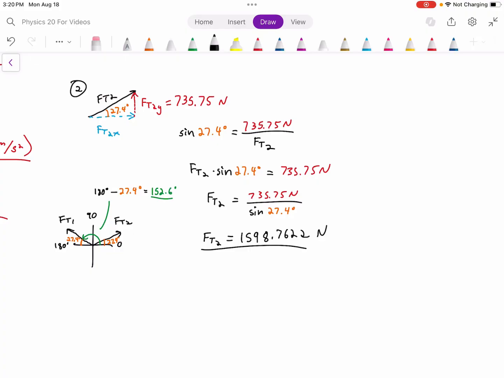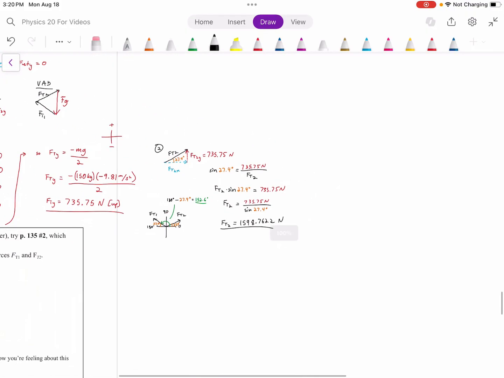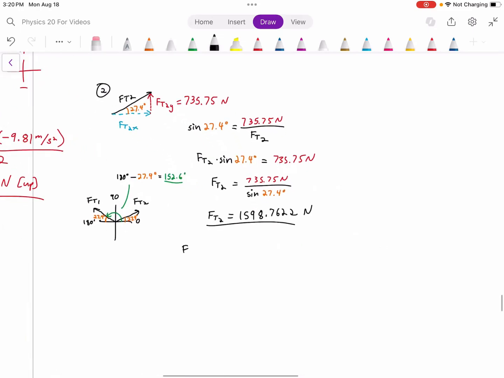Okay, so there we go. All that's left now is sig digs and direction, recording our answer. So we get 3 significant digits. So for Ft2, we're going to have to use scientific notation. This is going to be 1.60 times 10 to the power of 3 newtons at an angle of 27.4 degrees.